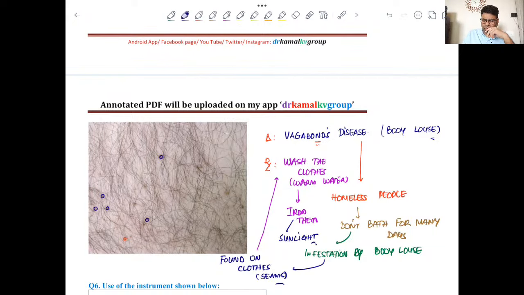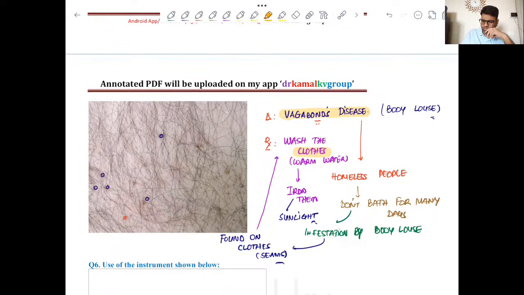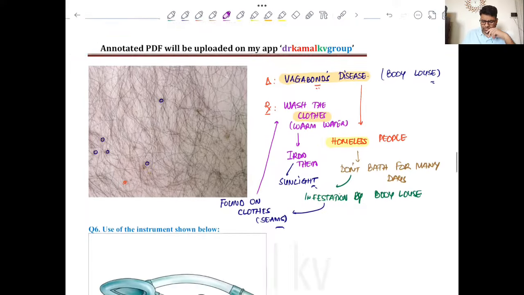So this is one very unique condition where we are not treating the patient, we are treating the clothes actually. So very interesting. This is Vagabond's disease caused by body louse, especially seen in persons who are homeless, shelterless, or even some psychiatric patients who don't take care of their body hygiene. So that will cause Vagabond's disease.